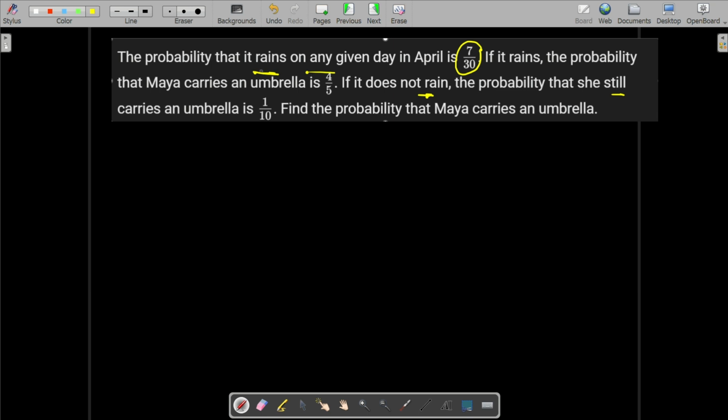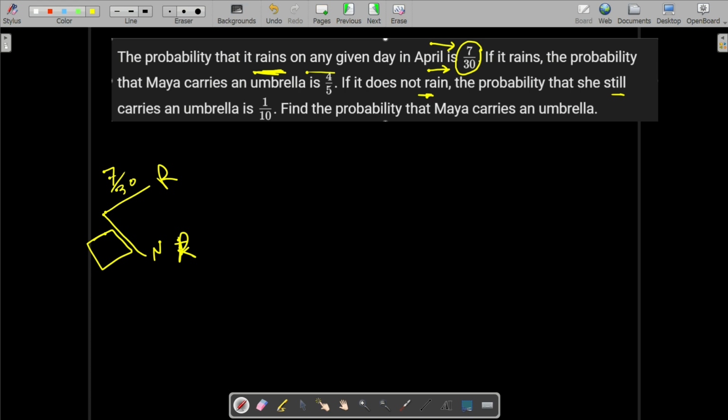The probability that it rains on any given day in April is 7 over 30. So I'm going to create my tree diagram. Here rain, here not raining. Okay, the probability of raining is 7 over 30. Now you have to think, what is the number that should be written here?